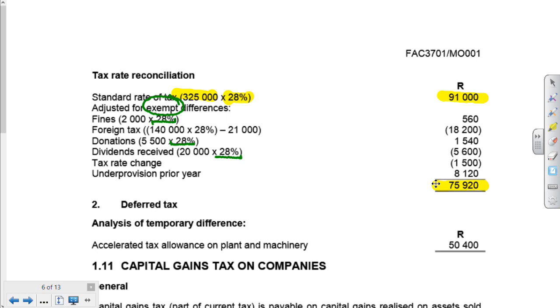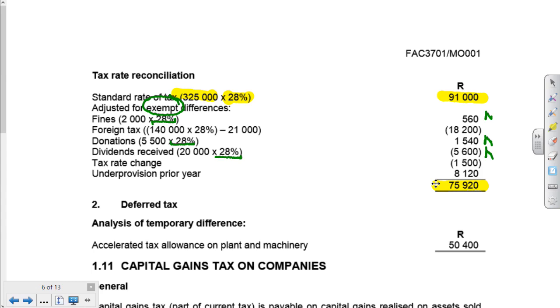And you'll see they're going in the same direction that they would normally go in your calc. Fines and donations we add back in the current tax calc, so here we add back. Dividends received we subtract, they're not taxable, do you agree? So here we subtract. The approach is, when you're doing your tax calc and picking up these items, immediately come and stick them in here, because then you've dealt with them as much as they need to be dealt with. Do you agree?